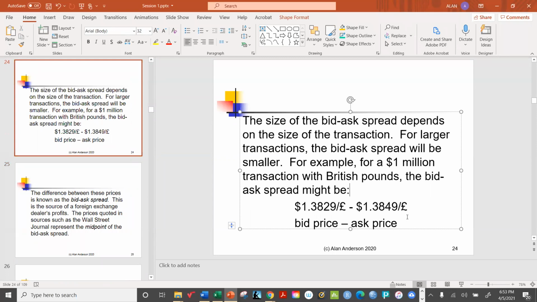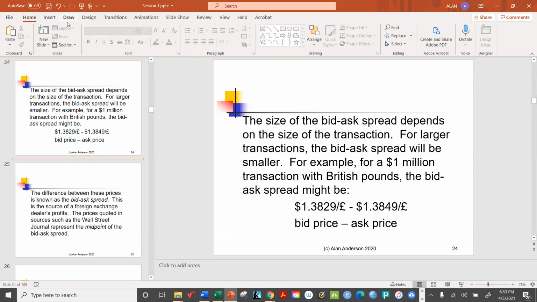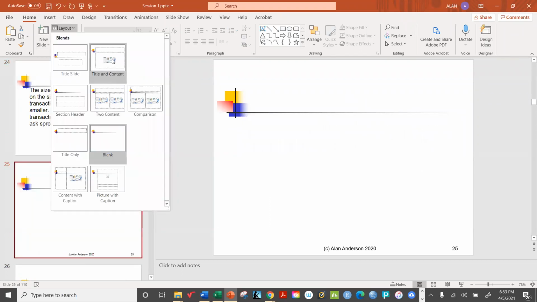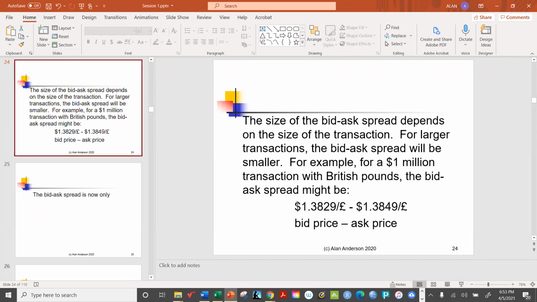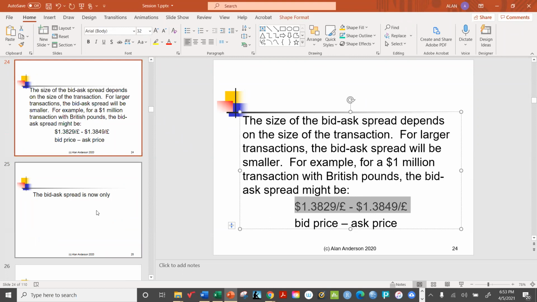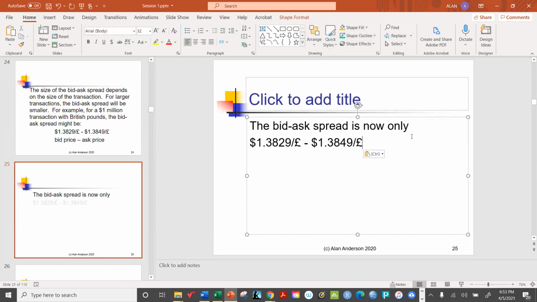So the difference between those two, let me just quickly double check this because I just made this up on the spot. You're looking at $0.002. So we subtract one from the other. So that's like a tiny amount.